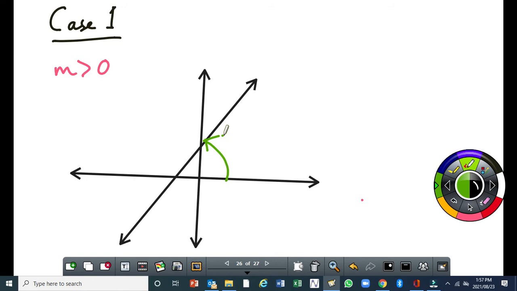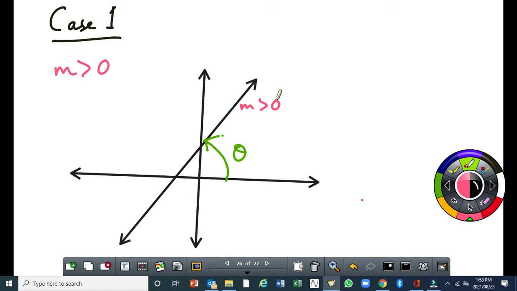It is an angle between the x-axis and the line, measured from the x-axis in an anti-clockwise direction. I'm going to represent it by theta. I hope you are also aware that if you see a straight line like this, which is slanting to the right, it means the gradient is positive. So here, m of this straight line is positive.